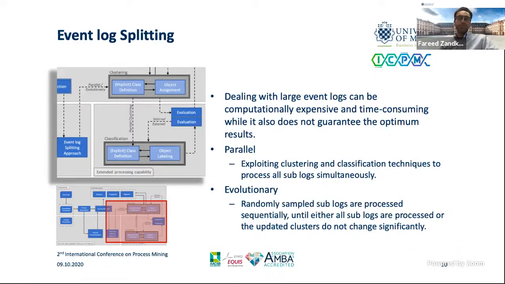Principal approaches in dealing with large event logs can be labeled as parallel and evolutionary. In both approaches, the event log is split into multiple sublogs. The parallel approach exploits clustering and classification techniques to process all sublogs simultaneously.